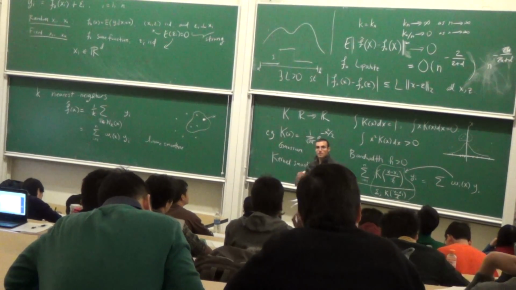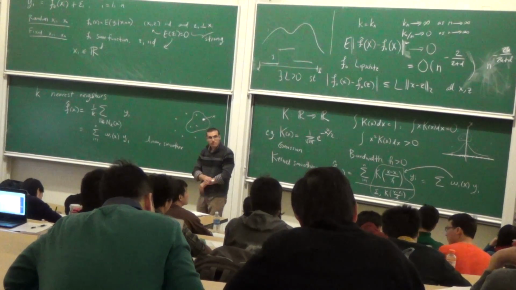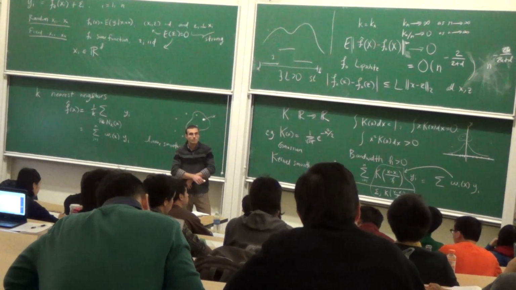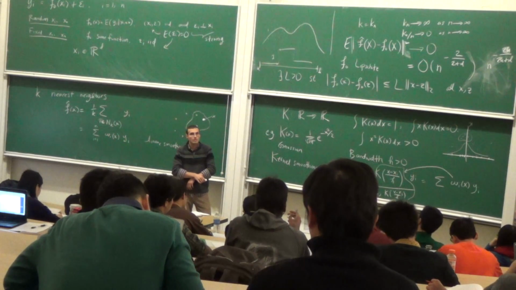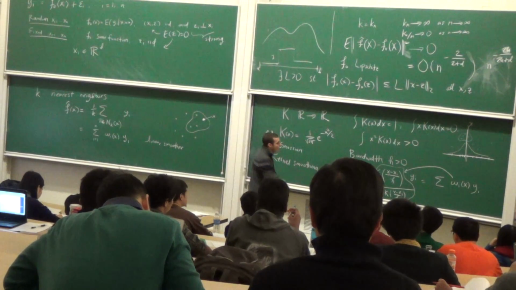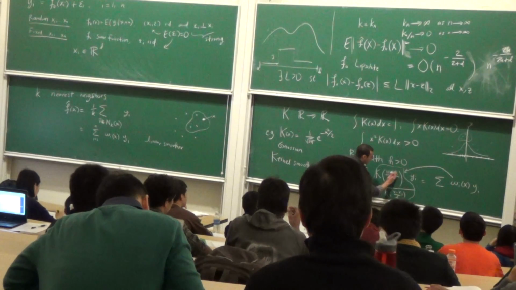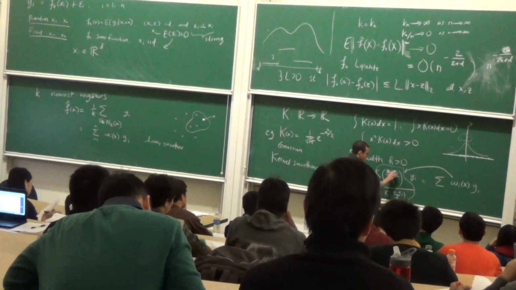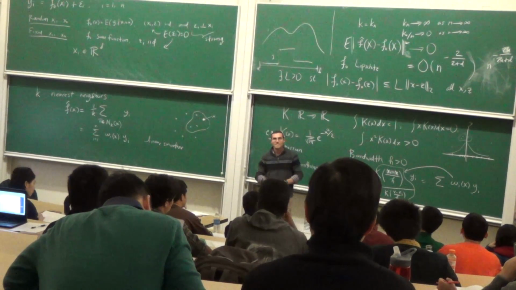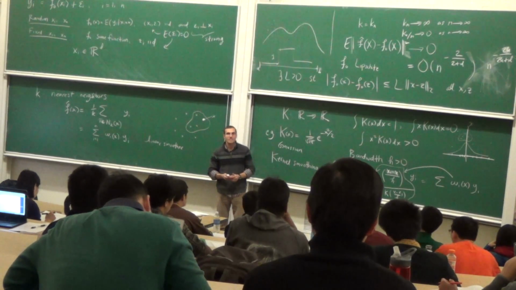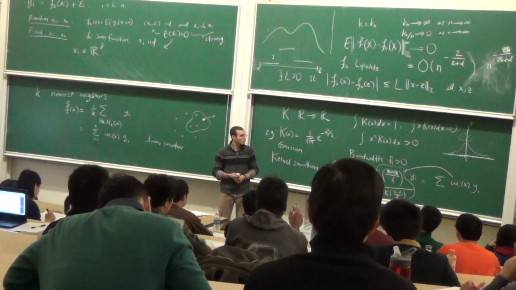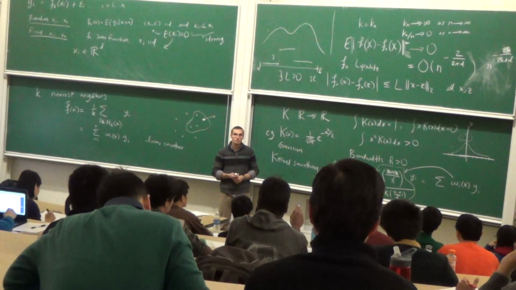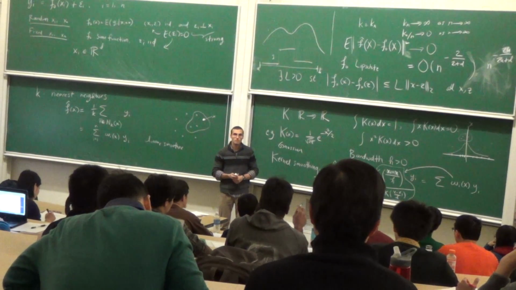Any questions? Yeah. When you described kernel smoothing here, you said the kernel is centered at the observation point. But my observation point is x, f of x, and my kernel K of x minus xi is like I'm centering it at xi.